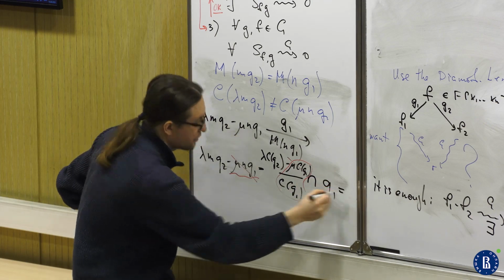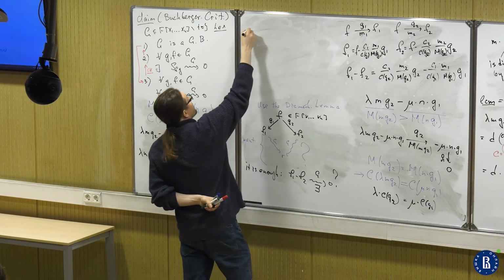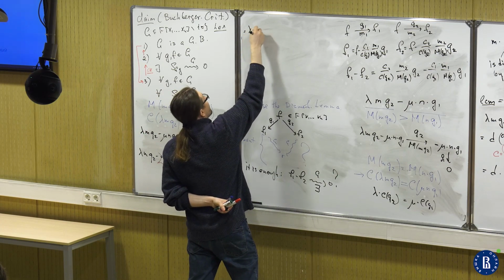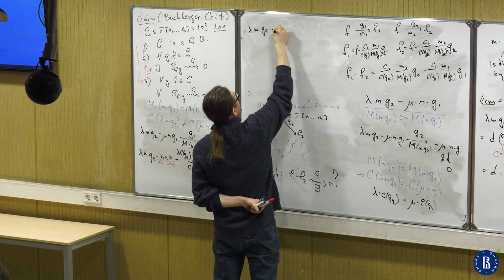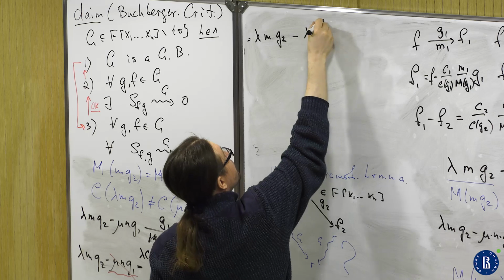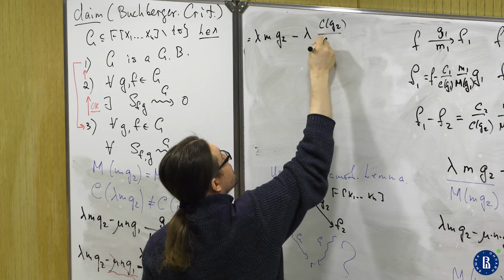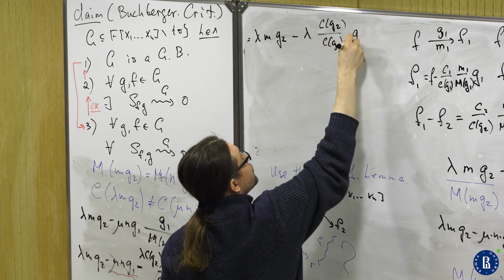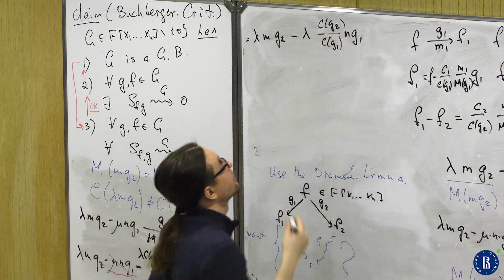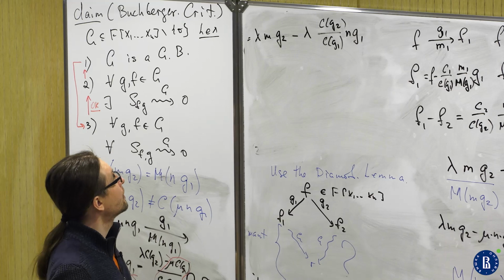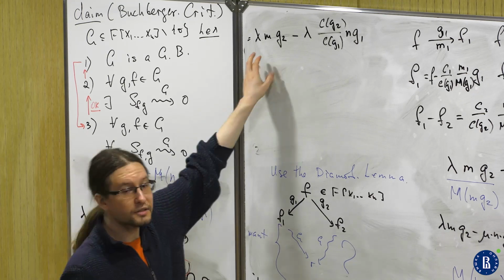But when you take a look at the result, you will get lambda m G2 minus lambda c G2 over c G1 times G1 times n. Okay, now let's take a look at this expression.